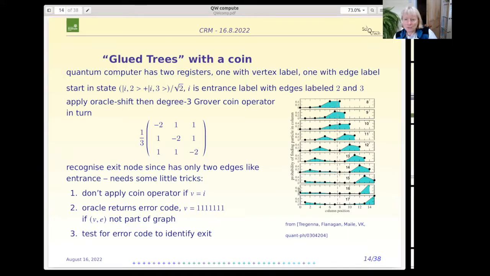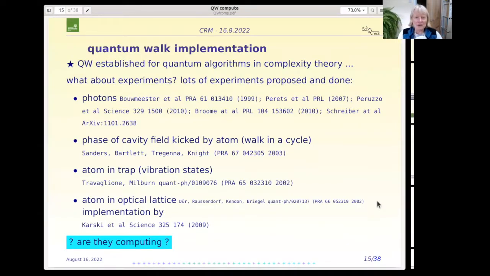And then you've got these two pieces heading backwards like that, and a reasonably high probability of getting out at the exit here. Good. So we've now got several algorithms for quantum walks.